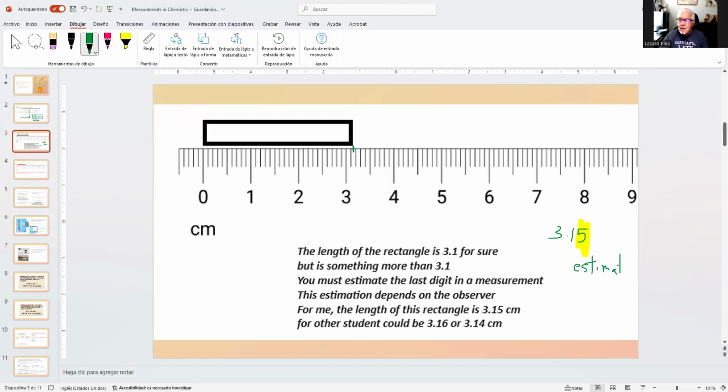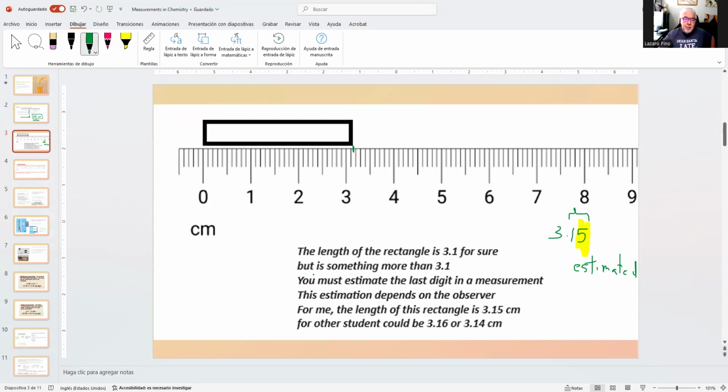Estimated. And then, when you report any measurement using this ruler, you're supposed to give 2 decimals in your answer. If you don't, you are not doing the measurement in a correct way.